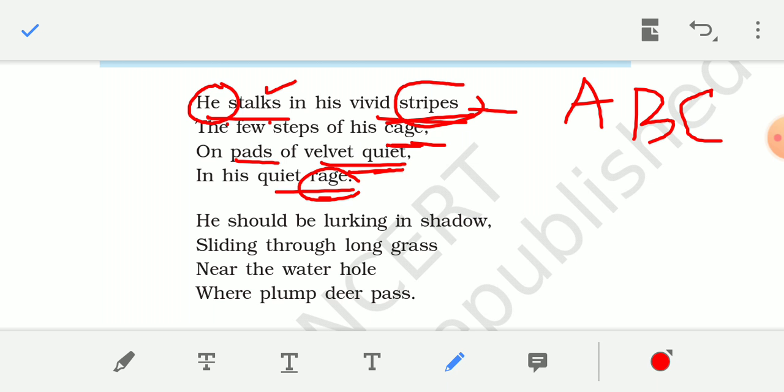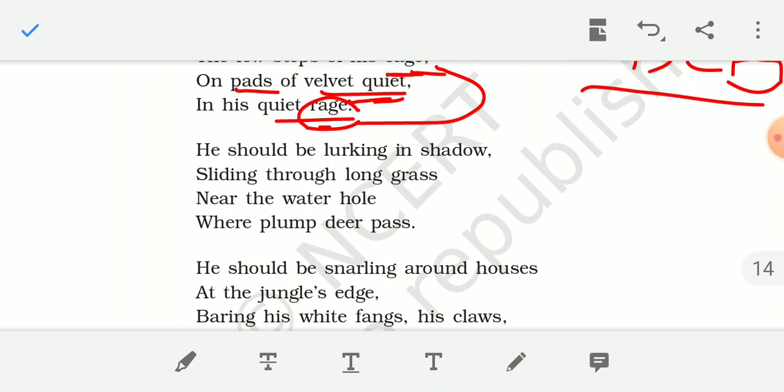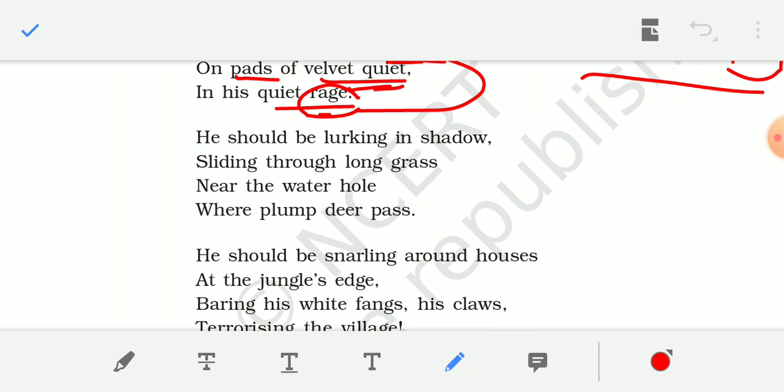Here we can see that cage is rhyming with the word rage, so here cage we have already given b, so rage will also get the same letter, that is b. So here we see that the rhyming scheme is a b c b. In the same way the whole stanza follows the same rhyming pattern, a b c b.